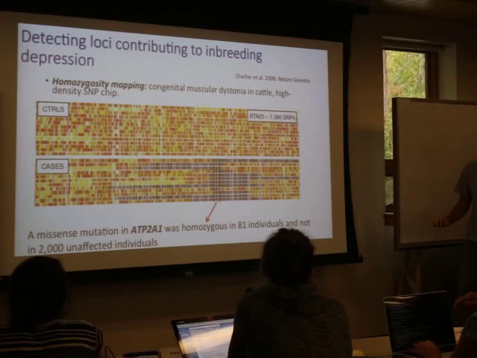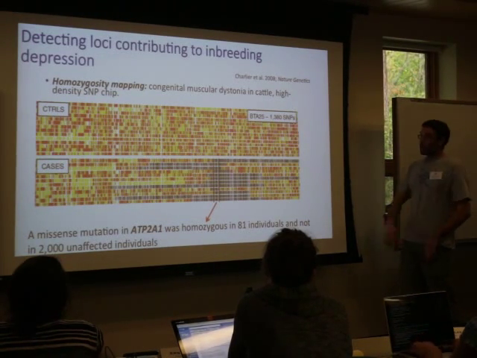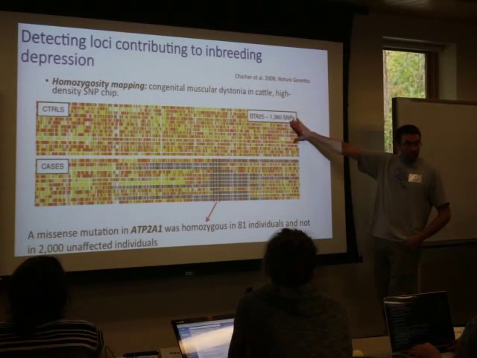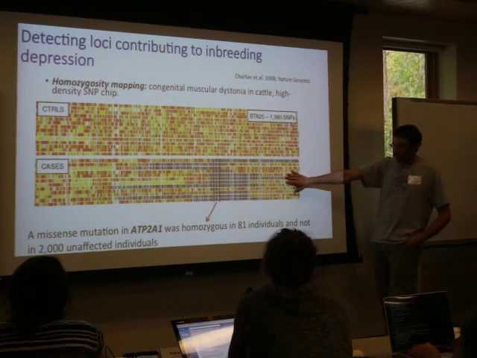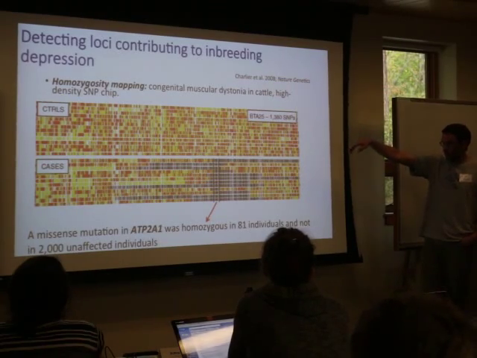This is an example of an analysis of homozygosity mapping in cattle. They were looking for the locus responsible for this disease, congenital muscular dystonia. They used a high-density SNP chip to do this analysis. They had some control individuals, these are unaffected individuals, and some case individuals. Don't pay attention to the red and yellow.